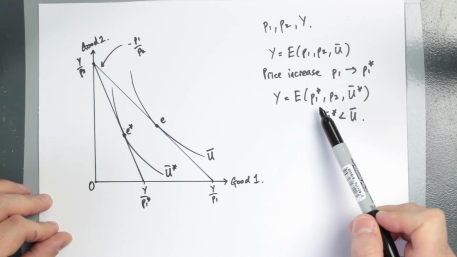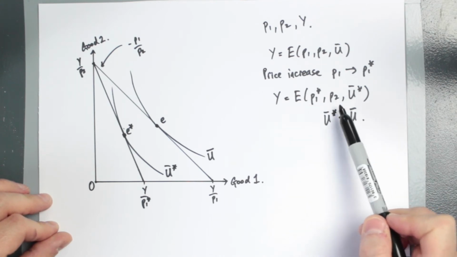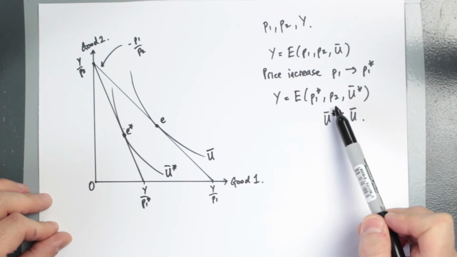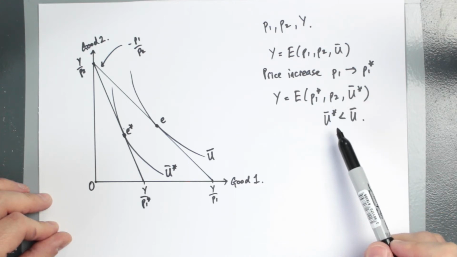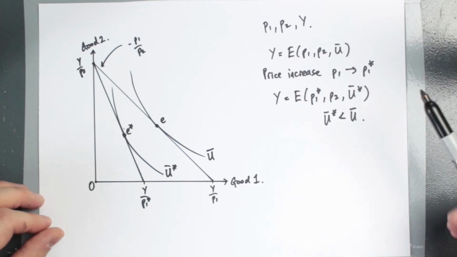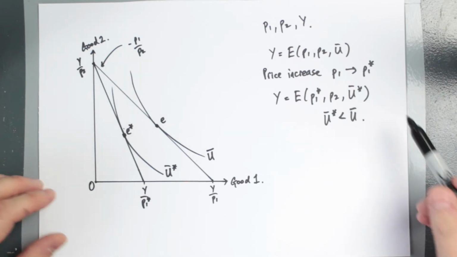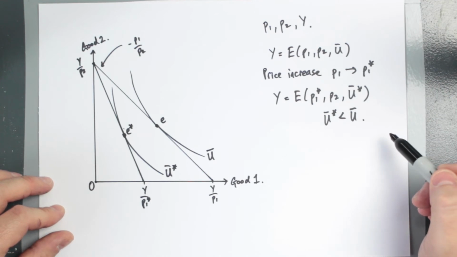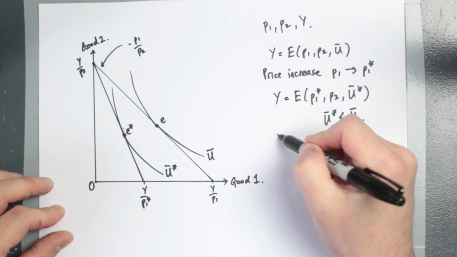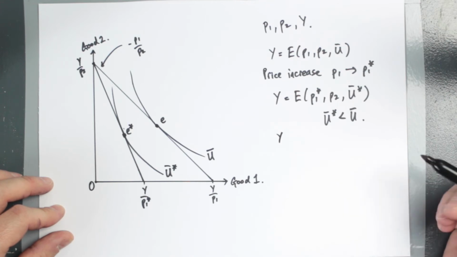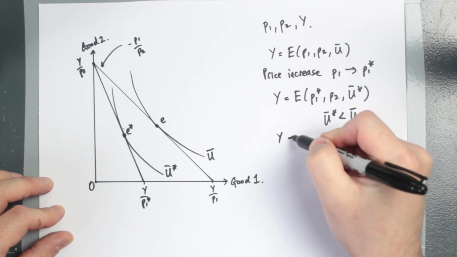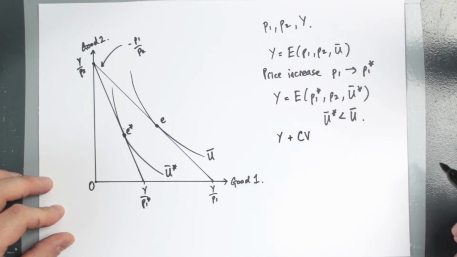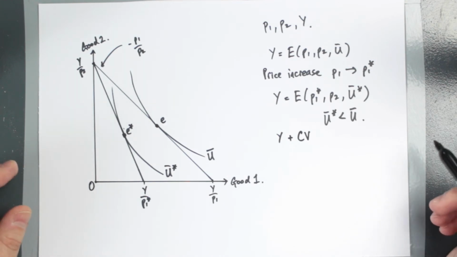So keeping the price of good 1 as P1 star, the price of good 2 as P2, how much income do I need to give them in order to restore their original level of utility, which was U bar? Okay, so mathematically this would mean their income, the amount of money they currently have, plus an amount that we'll call the compensating variation.